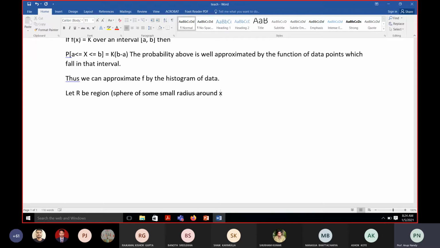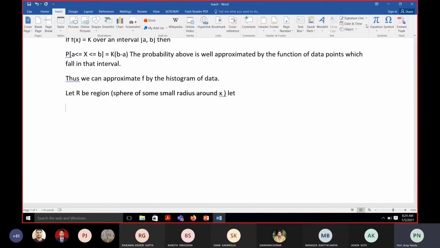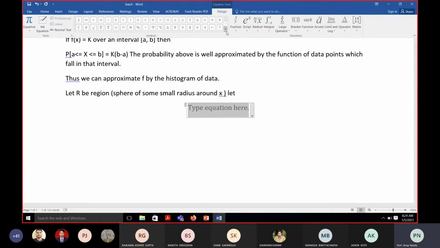So x is a feature vector, and let us have rho.